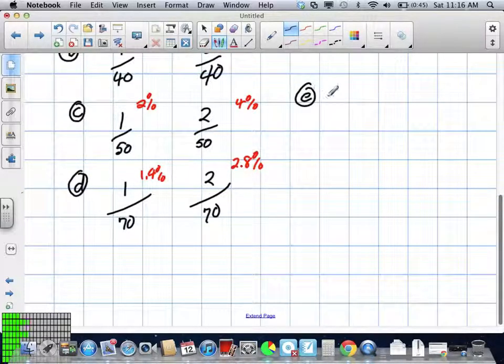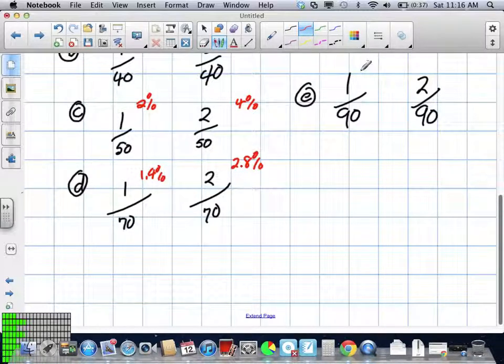So 90. Let's try 90. 1 in 90 and 2 in 90. What kind of percentages do those give us? 1.1%. And what would the next one be? 2.2. Yeah. So still not by a percent.